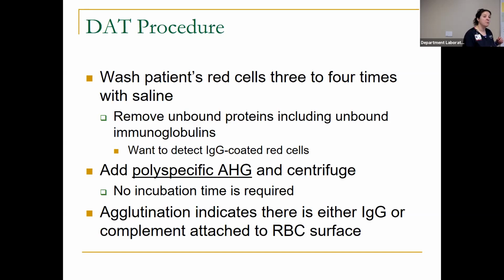So if you have improper washing, this is very important. If you have improper washing, it could cause false negatives. Because improper washing doesn't remove the protein. If you have excess protein and it neutralizes your AHG reagent, it might not bind. Okay, that could cause false negatives.